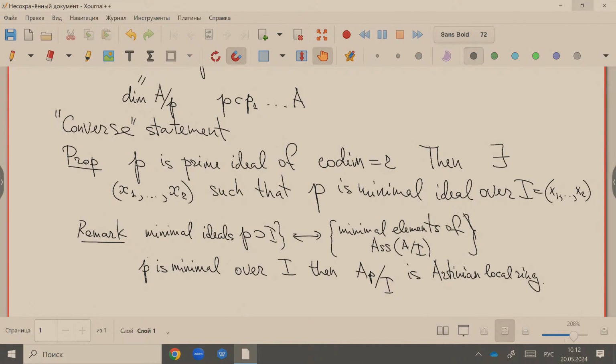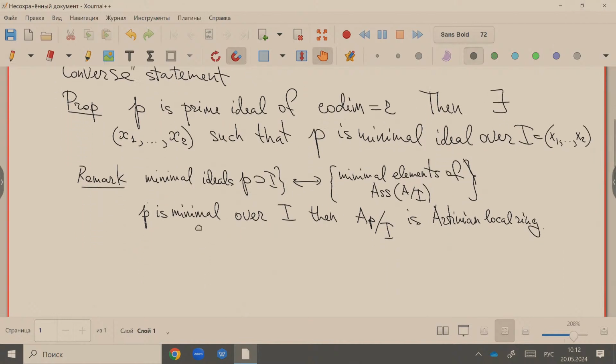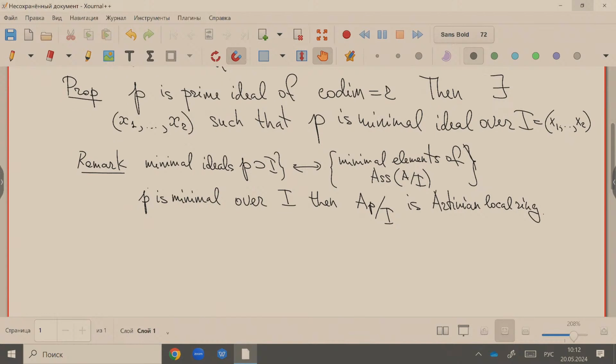So the corollary of this proposition: the elements x1, ..., xr play the following role. It is called a system of parameters.